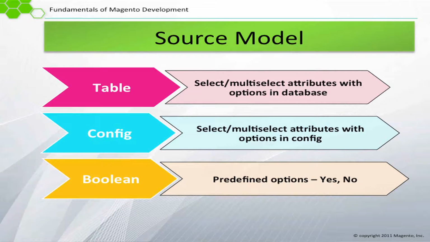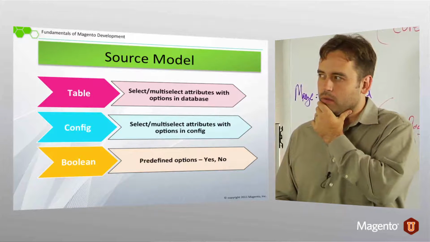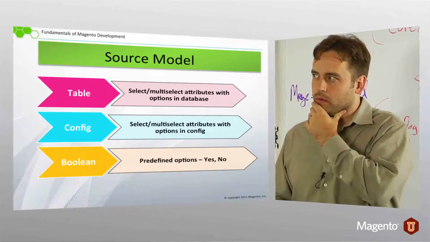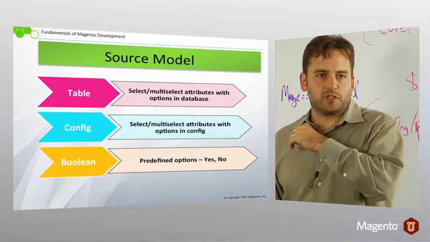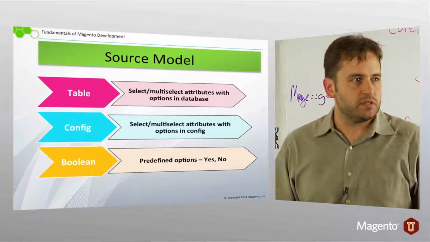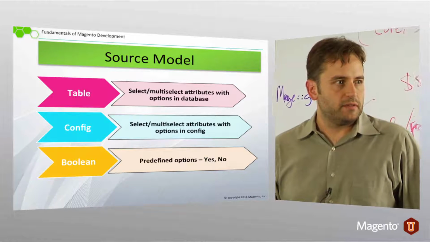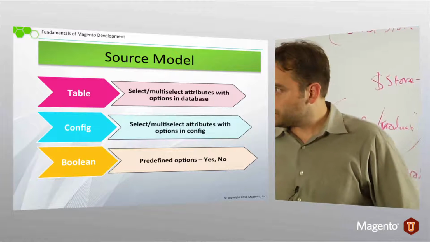Source models, you can pull those values from a table if you specify the backend table. You can pull them through, basically, exposing this through your get all options method in your source model.